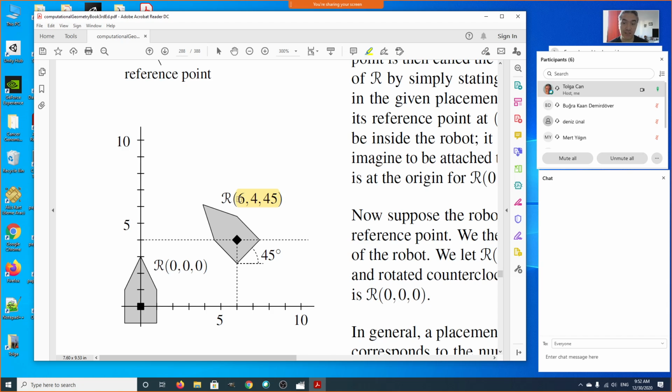So in 3 dimensions, you can specify a particular orientation of an object. The object may rotate like this, or like this, so this is the pitch, I think.